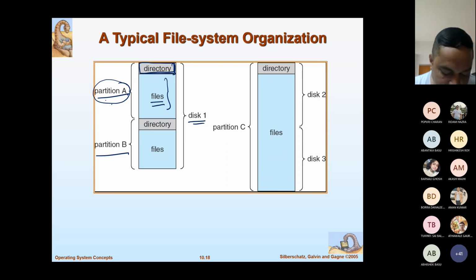So partition A is one partition of disk 1. Partition B is another partition of disk 1.